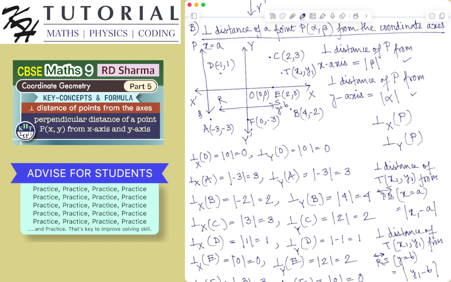The absolute value of y1 minus b will be the perpendicular distance of the point T from the line RS, which is a line parallel to the x-axis, and whose equation is y equals b, or you can say this line RS is at a distance of b units from the x-axis.